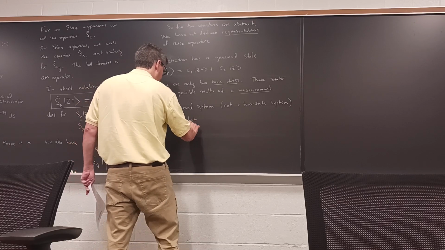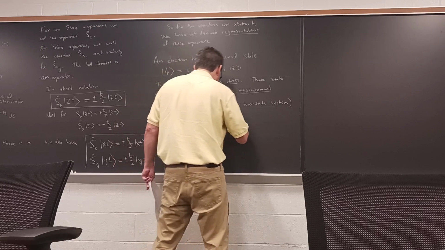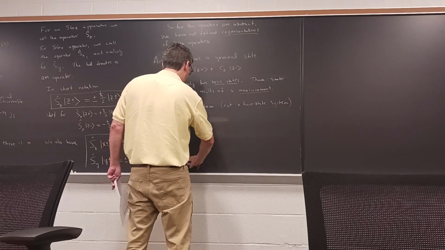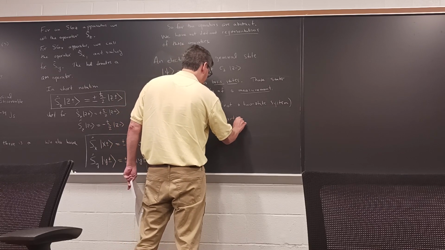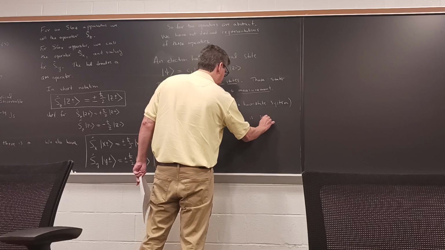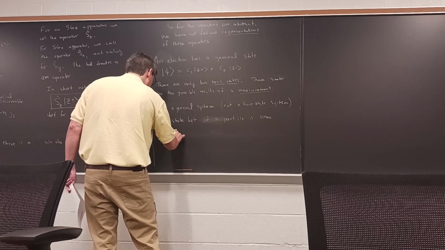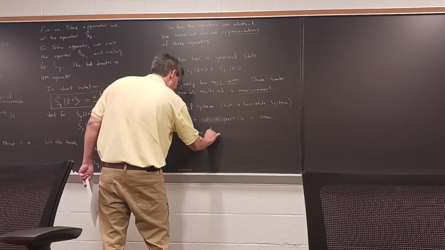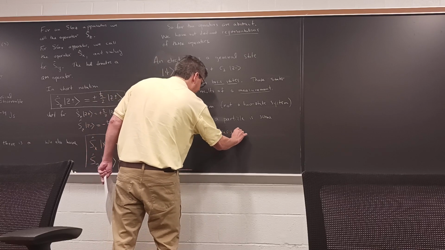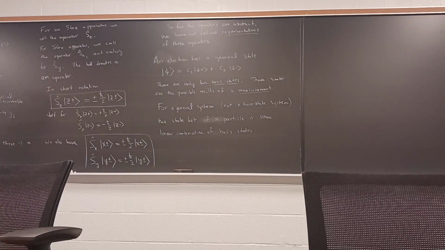The state ket of a particle is some linear combination of basis states of an observable that you could measure.